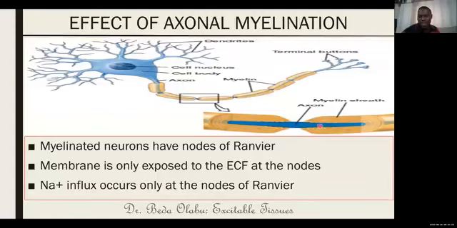Sodium influx cannot occur at the myelinated region. But at the nodes of Ranvier, sodium influx will occur during depolarization.